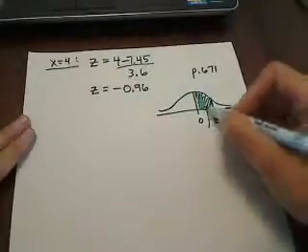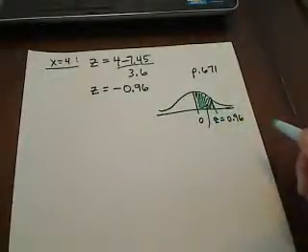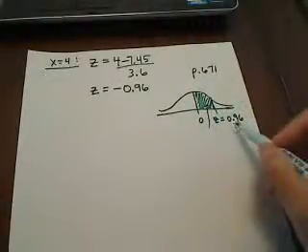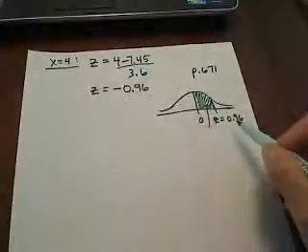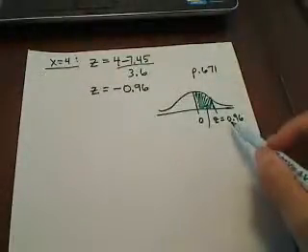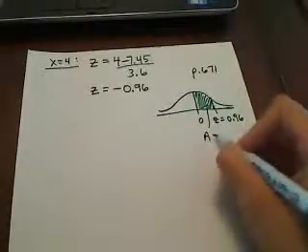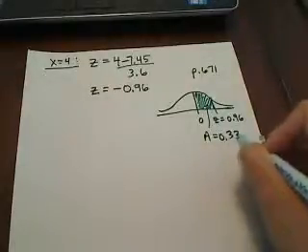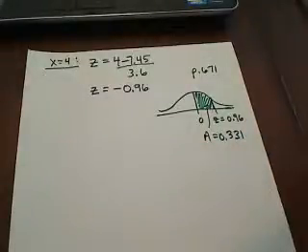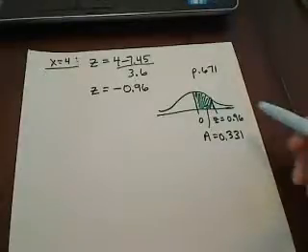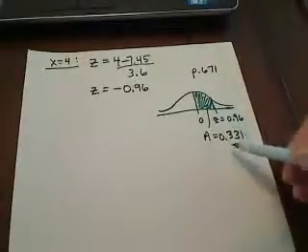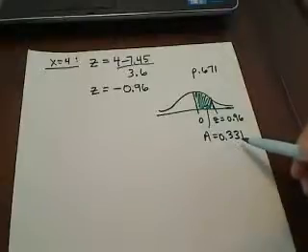I would show you the chart, but it doesn't come through on this camera, so you're just going to have to look it up. So I'm looking for a z of 0.96, and that's an area of 0.331. So with a z of 0.96, we're looking at this area of 0.331.